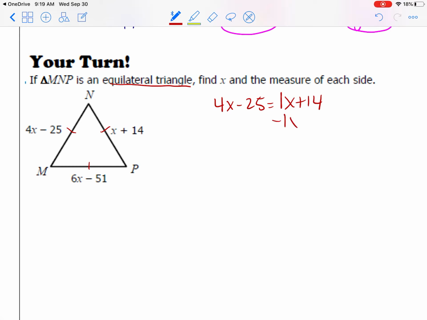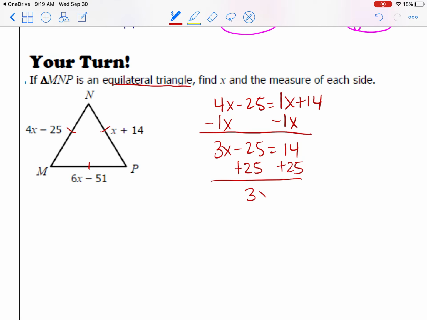So I'm going to move the 1x by subtracting 1x. So we get 3x minus 25 equals 14. So plus 25, plus 25, 3x equals 39. Divide by 3, and x equals 13.